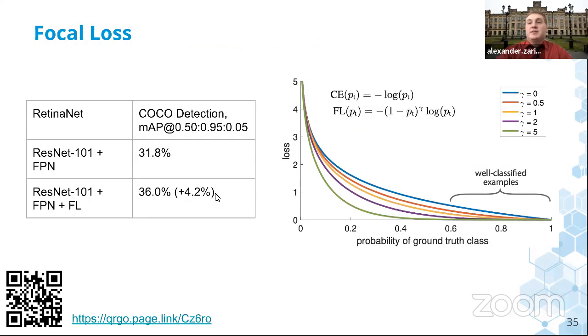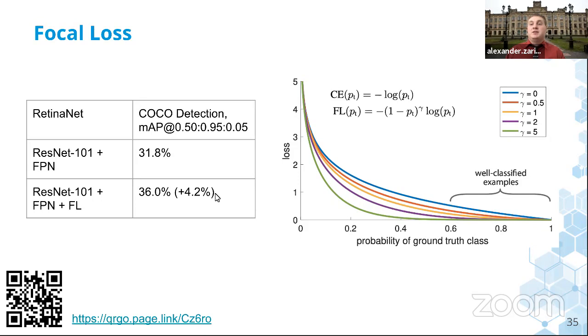Okay, the next idea is called focal loss. It can be incorporated in both one-stage and two-stage detectors, but mostly focal loss is utilized by one-stage detectors to prevent foreground and background class imbalance. So the idea behind focal loss is the following.